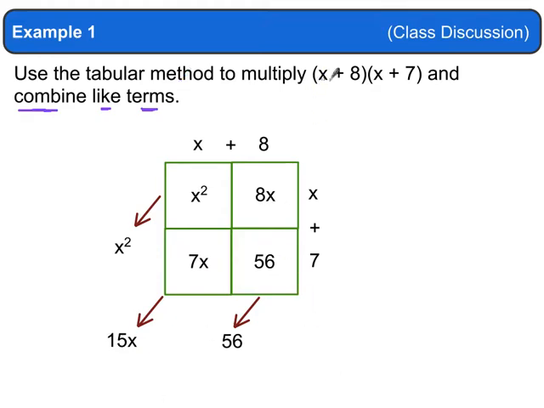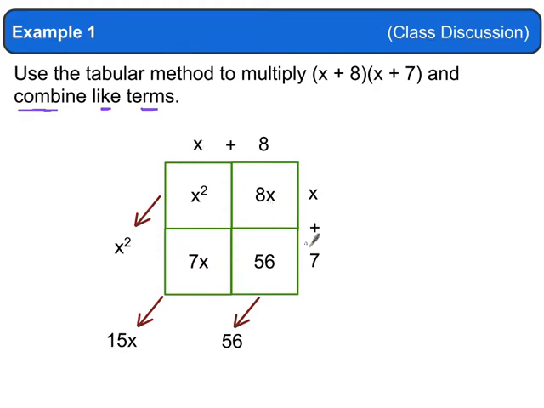So here we have x plus 8 times x plus 7. So notice in the top we put an x here in this location. We put an 8 here in this box. On the side, which is written on the right, it doesn't matter whether you write on the right or on the left, we have an x and then we have a plus 7. So if we combine everything together, same idea. If we multiply the x times the x, we get x squared. If we do 8 times x, we get 8x.